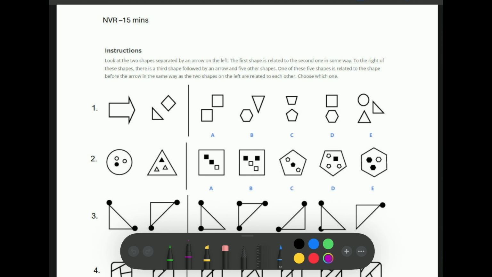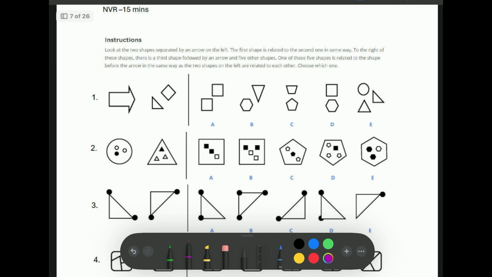To the right of these shapes there is a third shape followed by an arrow and 5 other shapes. One of these shapes is related to the shapes before the arrow in the same way as the two shapes on the left are related to each other. So basically these two shapes are related to each other somehow, and then you've got to find one from A to E that is also related.